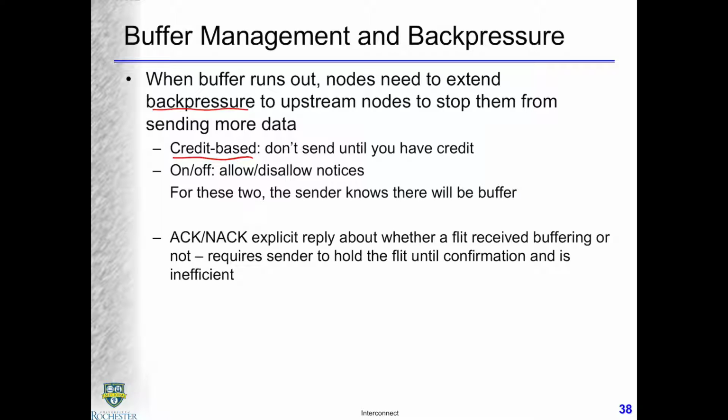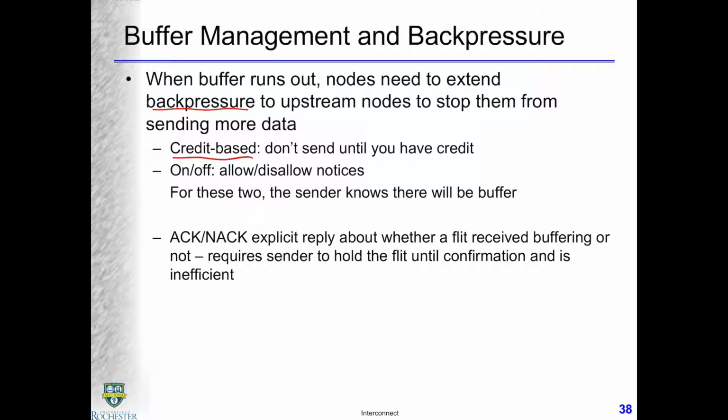If you can take 50 flits from the upstream neighbor, you give him the number 50, and that neighbor would send up to 50 units to you. It's usually managed at flit level, so maybe that's 50 flits. When the credit runs out, that node will not send you more packets.